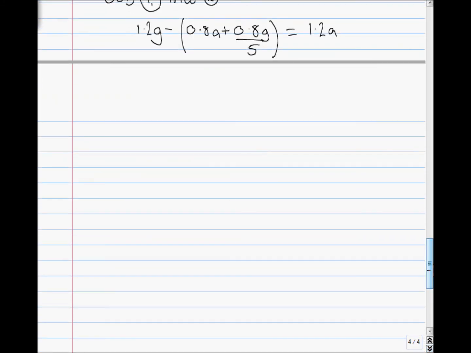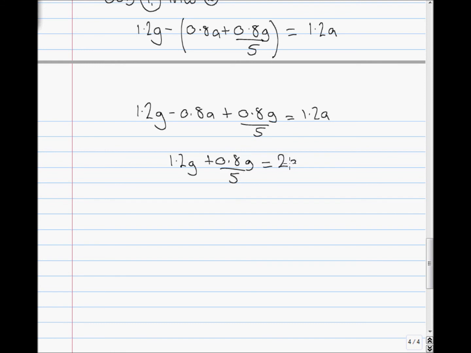Okay, so now I have one equation, one unknown. I can solve to find out what acceleration is. So let's do 1.2 G minus (0.8 A plus 0.8 G over 5) equals 1.2 A. I'm going to add 0.8A onto both sides first of all. So I've got 1.2 G plus 0.8 G over 5 equals 2A.